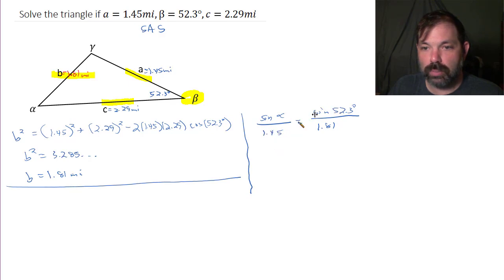So then we multiply by 1.45 and use the inverse function. Alpha would be the sine inverse of 1.45 sine 52.3 degrees over 1.81.